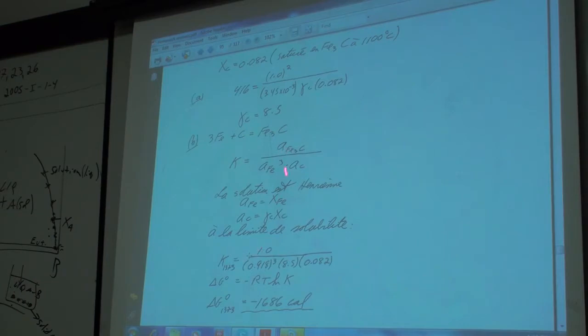So I put in 1 for the activity, 0.918, that's the mole fraction of iron on this phase boundary, gamma, X carbon, and then we can get the delta G naught of that reaction. Just showing you how phase diagrams and things are treated.